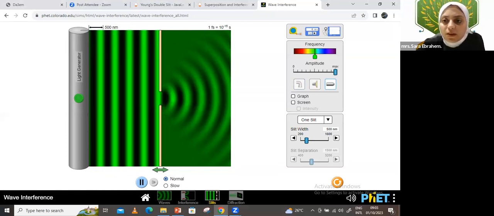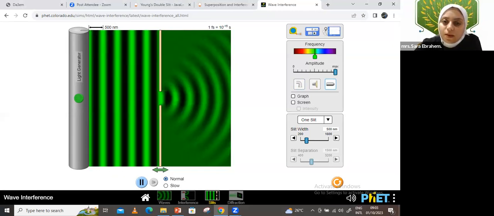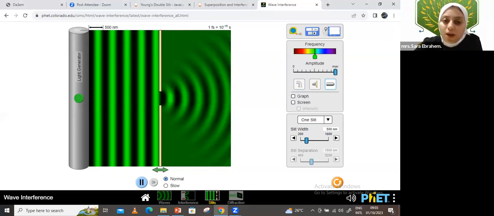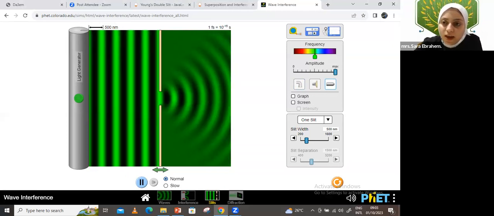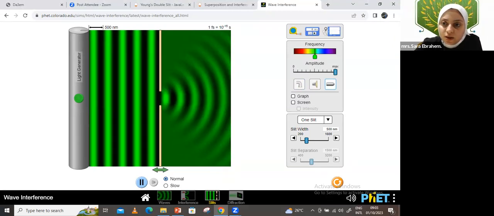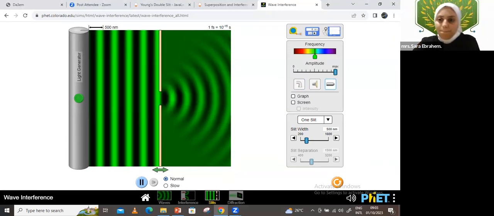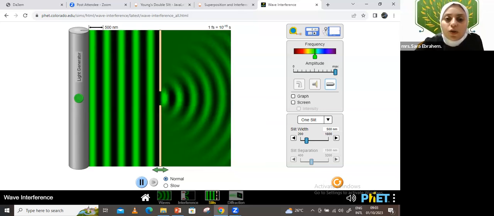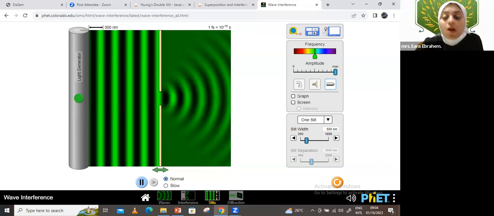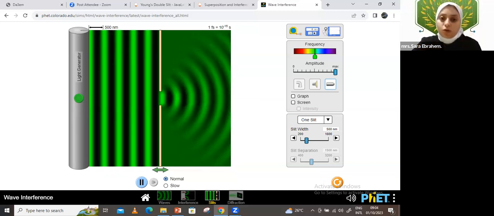What happened? It gives a cone shape. This curve is called the wave front.